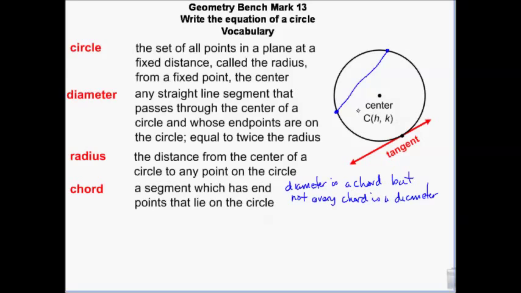The diameter is a special chord that goes to the center, but a chord can go anywhere. It just has to be inside the circle. So here's a chord. You can have the diameter be a chord. It stays inside the circle and touches in 2 places.